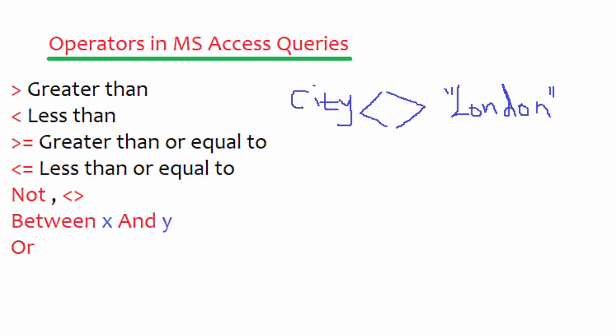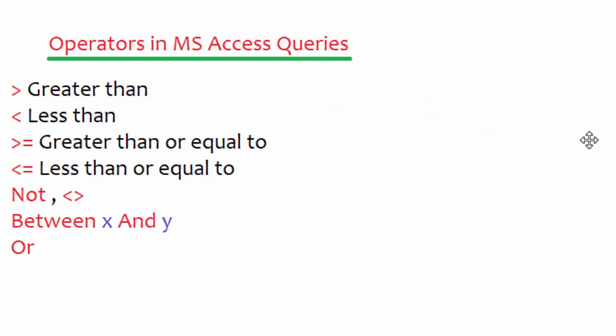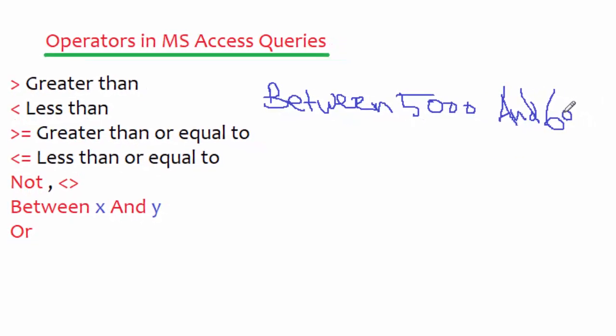The other one is what we call between, A and B. For example, I can say here, can you search for cells between 5,000 and 6,000.